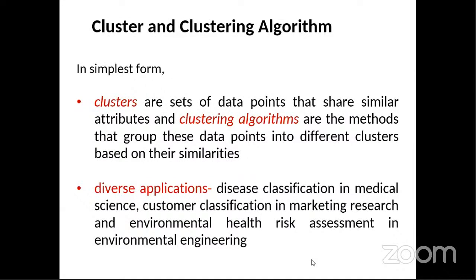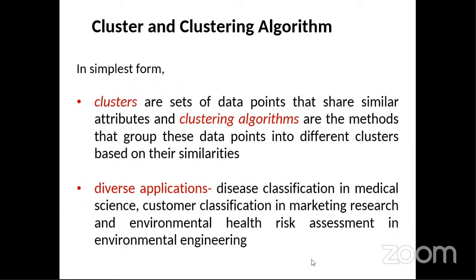So when we do marketing research, when we have to do viral marketing specifically, we need a lot of customer classification, we need a lot of data, we need a lot of patterns which can be extracted from this data set, and then we can classify and target specific customers for a particular product or a particular market, whatever development we were targeting.